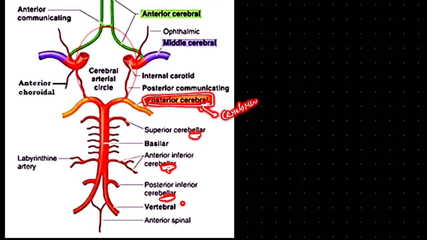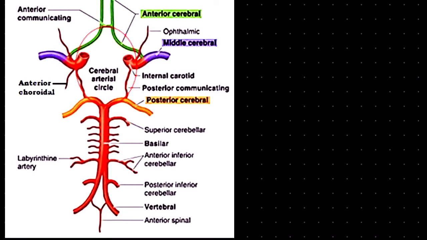So this posterior cerebral artery supplies the cerebrum and communicates with the posterior communicating artery, which is a branch of the internal carotid artery, and it contributes to the formation of the circle of Willis. I will go into that slowly.